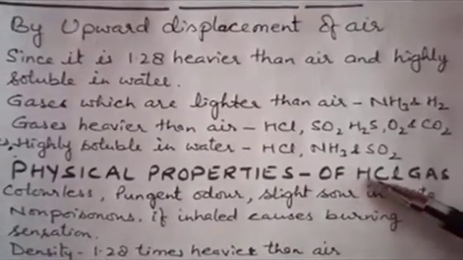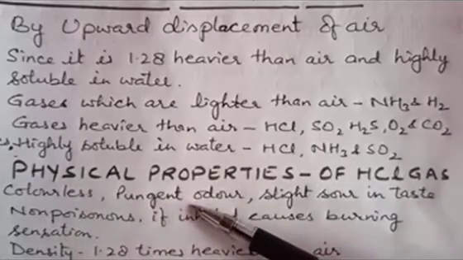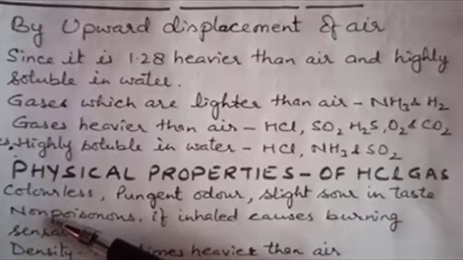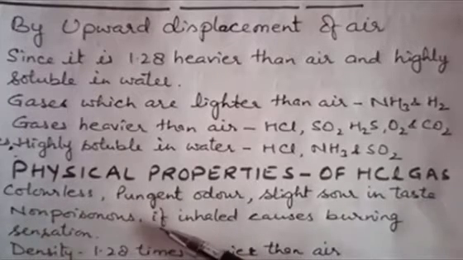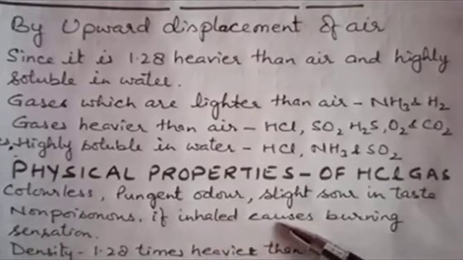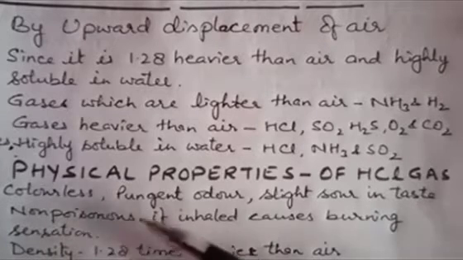Now next is the physical properties of HCl gas. Hydrogen chloride gas is colorless, with a pungent odor and slightly sour taste. It is non-poisonous, but if it is inhaled, it causes a burning sensation. So don't inhale it, right?